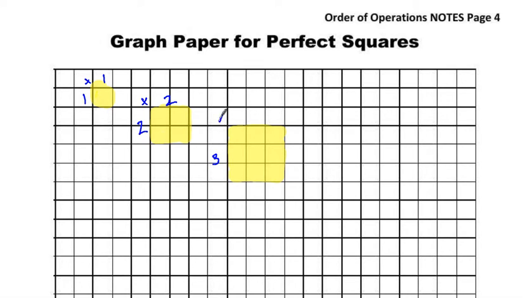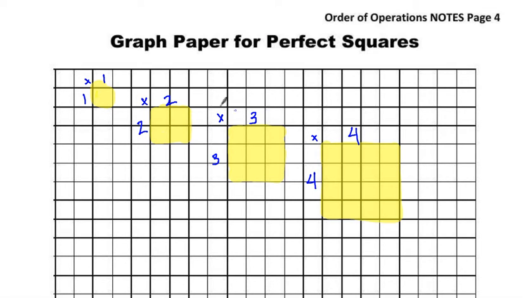So a 3 by 3. And we could continue that pattern. The next one we would draw would be a 4 by 4. And that's what it would look like. We'd say it's a 4 by 4 because there's 4 down the side and 4 across the top.